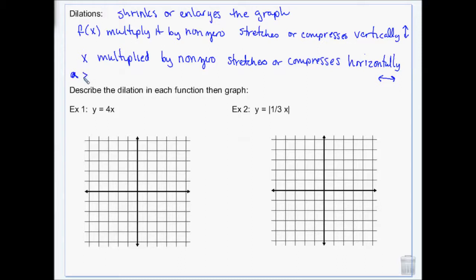If a is greater than 1, then we're stretching vertically. If a is between 0 and 1, so a is a fraction or a decimal, we're compressing.